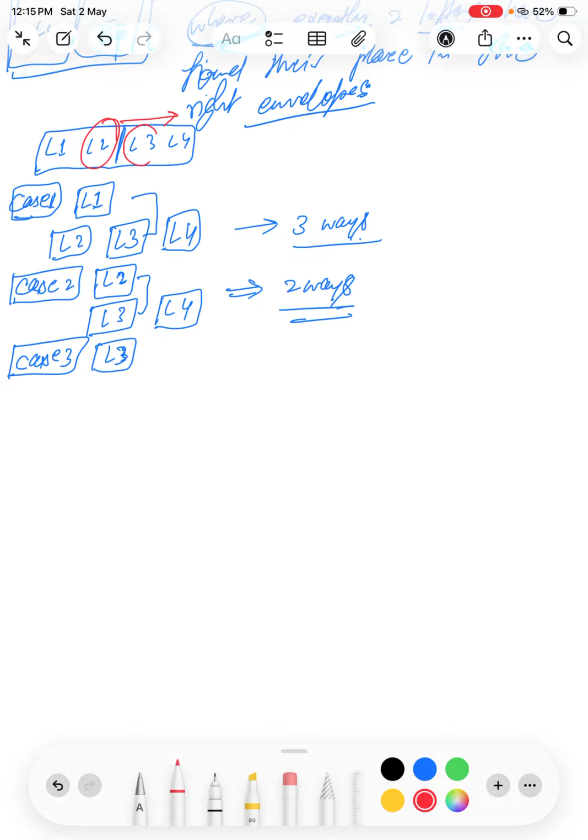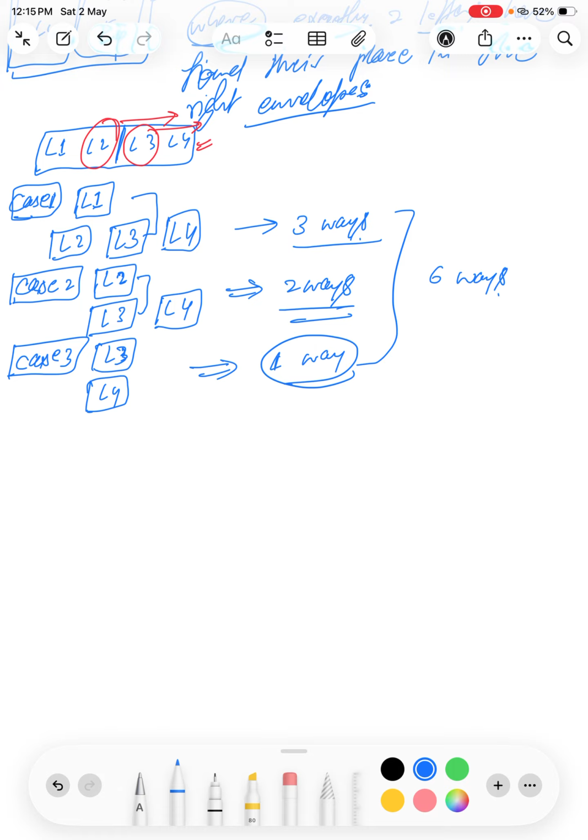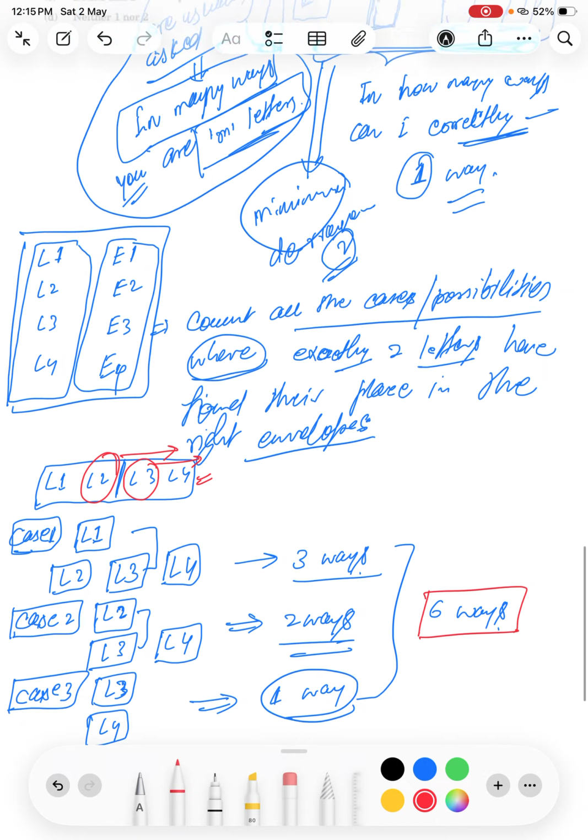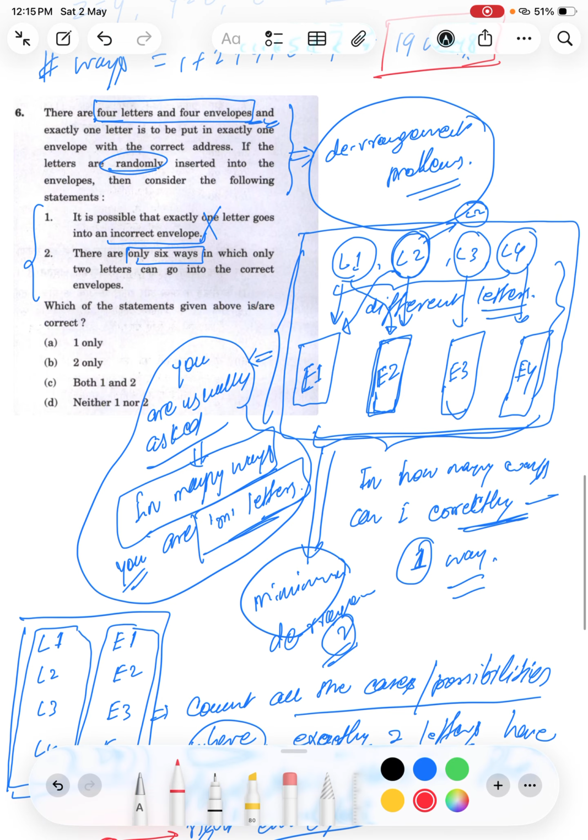So I'll be taking whatever is coming after L3, which in this case is L4. So one way. Sum them up, 6 ways to put exactly 2 letters in the correct envelopes. So the second statement here is correct. Second statement is correct. You have answer B.